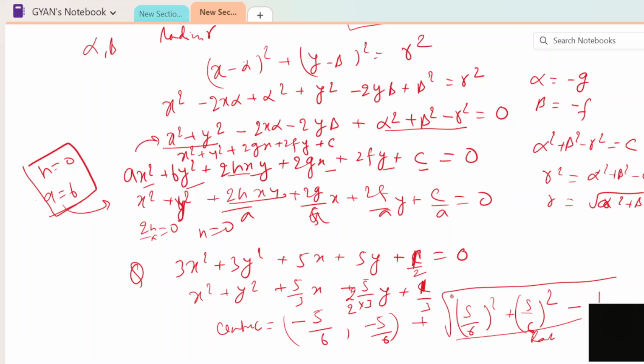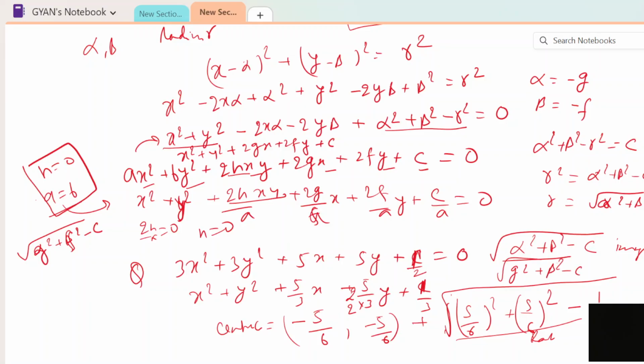If alpha square plus beta square minus c is less than 0, then this is imaginary, and the circle will be imaginary. So three conditions should be there. Alpha square plus beta square means g square plus f square minus c.